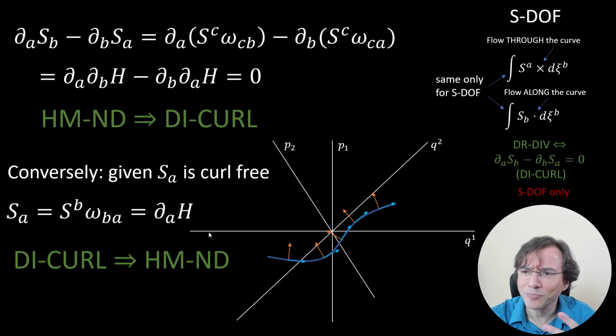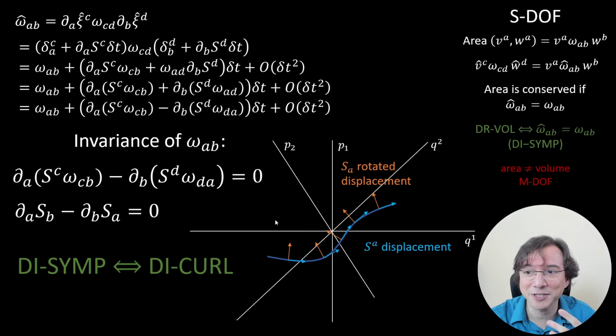Okay, so this rotation matrix seems to be important because, again, we start getting a condition that is equivalent to Hamilton's equation.